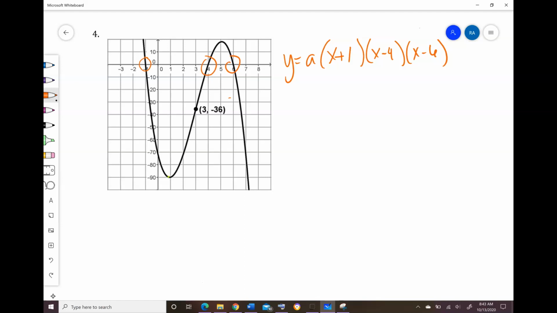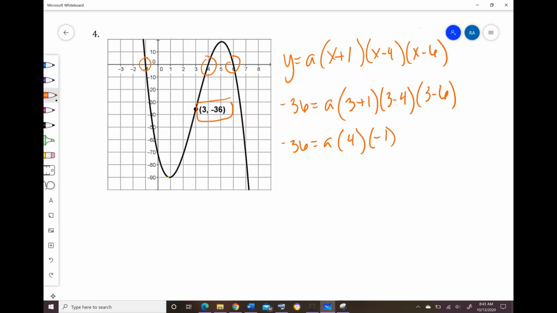I get my point. My point is 3, negative 36, so I've got negative 36 equals A times 3 plus 1, 3 minus 4, 3 minus 6. Okay, simplify that right-hand side. It's going to be 4, negative 1, and that's going to be negative 3.